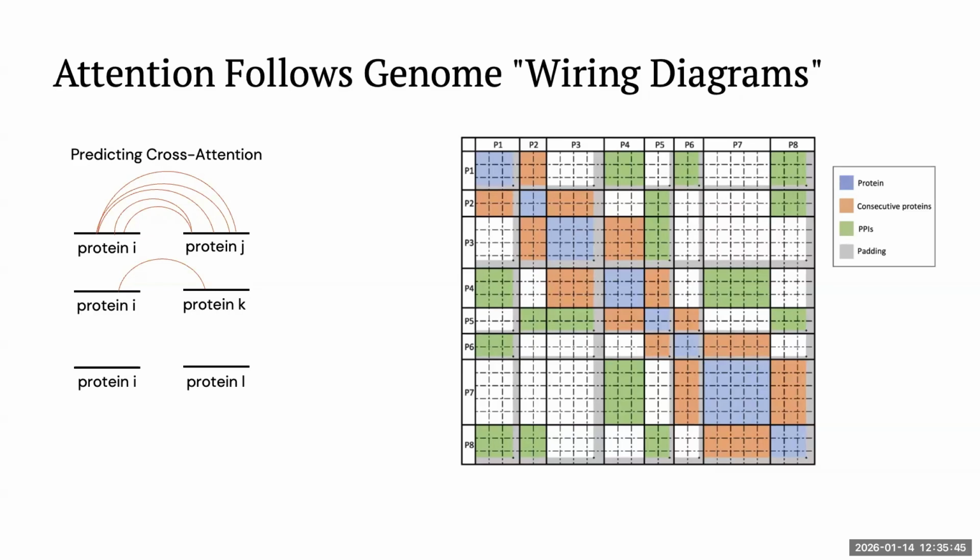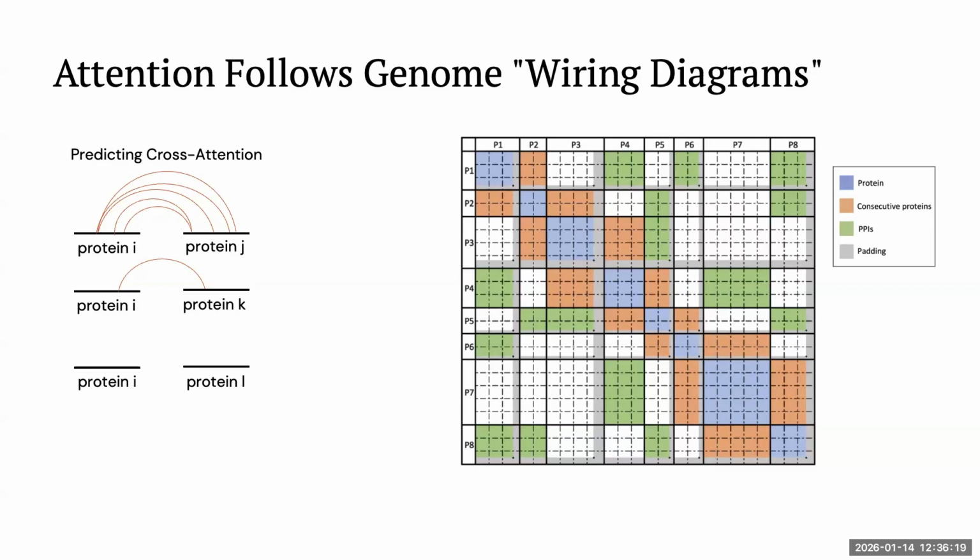But they're also going to do it for the proteins that are upstream and downstream. So protein P4 is going to consider P5 and P3, right? So automatically, I have this concept of a sliding window, just like the language models have. But what we add is this concept of protein-protein interaction. So knowing this, or being able to predict this cross-attention, we can say that if two proteins are affecting each other, then we're going to include them in the calculation.